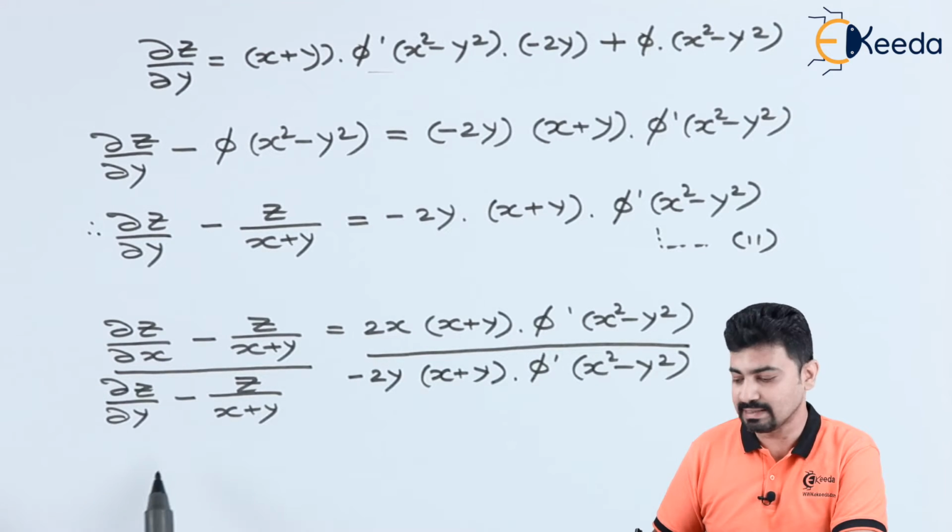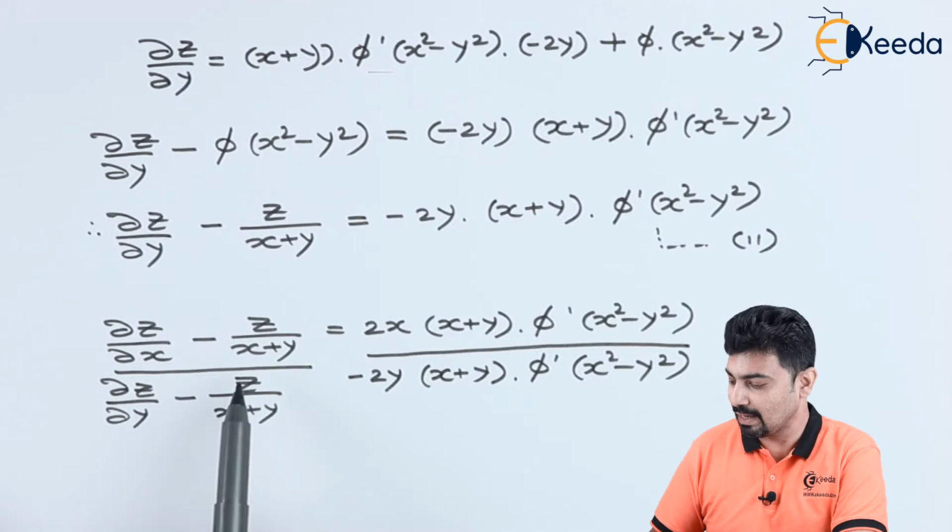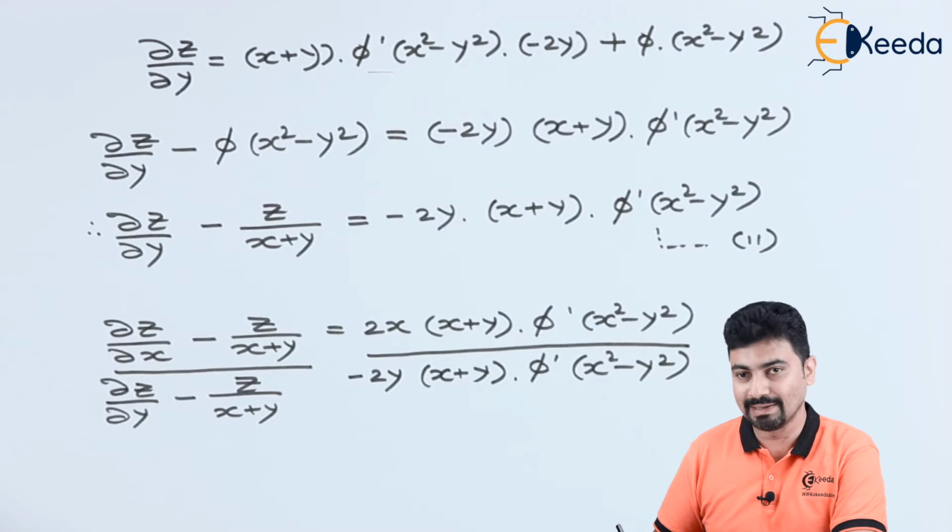On the left hand side, when we take LCM and multiply by x plus y, then x plus y as the common denominator will get cancelled. What remains will be like this.